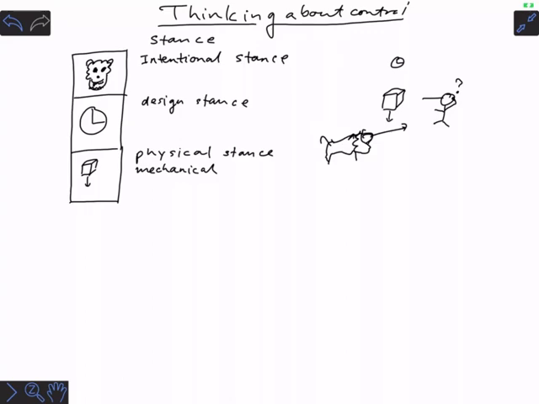That's intentional reasoning. It's like, well, if I were a little ball and trying to get low, I would roll downhill, right? It's intentional, it's not mechanical. You're not solving differential equations. You're ascribing desires and intent to that object.